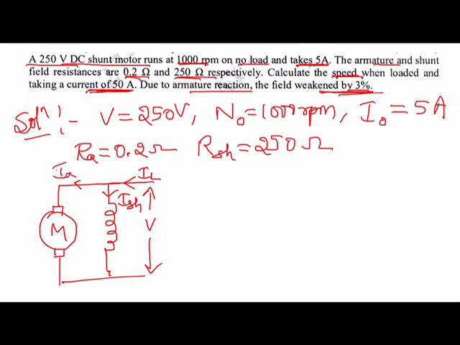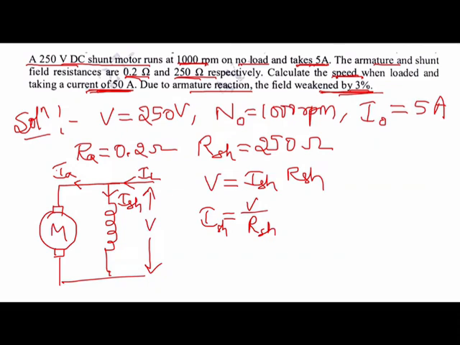So first we shall calculate the field current under no load condition. The equation for field current is V is equal to ISH into RSH. So ISH will be equal to V by RSH.